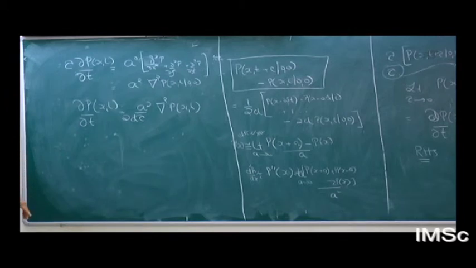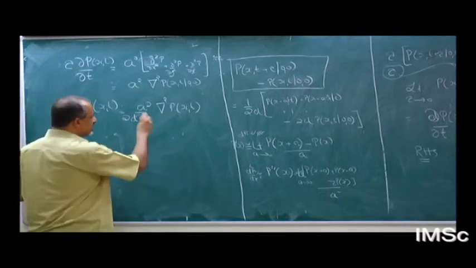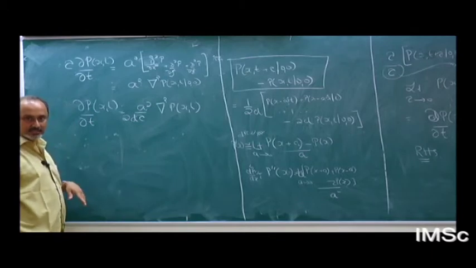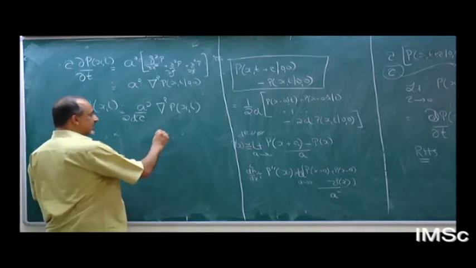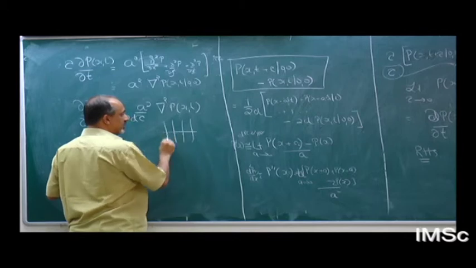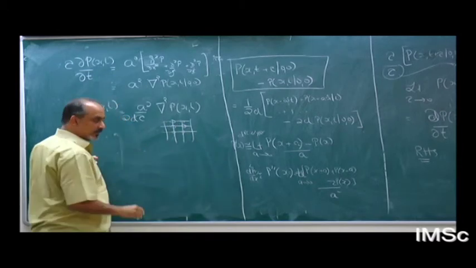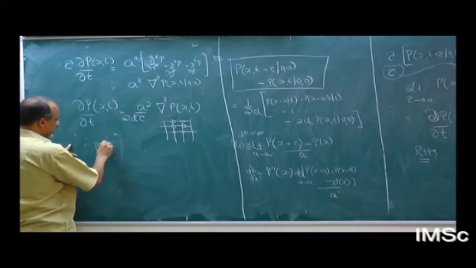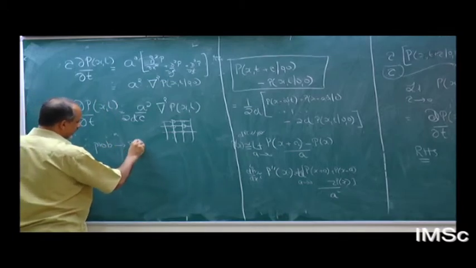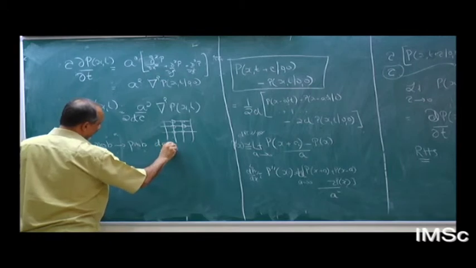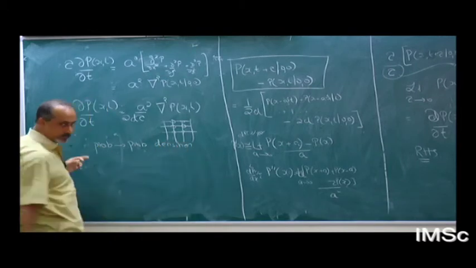The only thing I need to be a little more careful about is the definition of p itself. We've not changed that a little bit, because initially we started off saying that the probability of it being here or here or here, it was still defined on that lattice. So what we must do is go from probabilities to probability densities, or probabilities per unit volume.